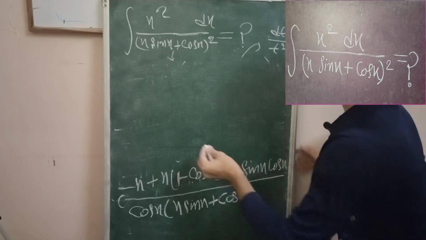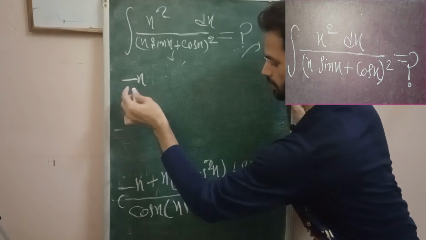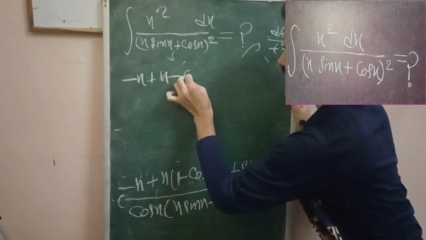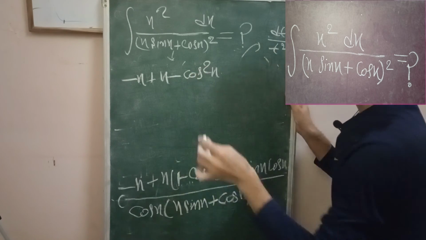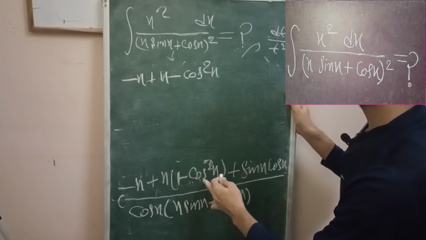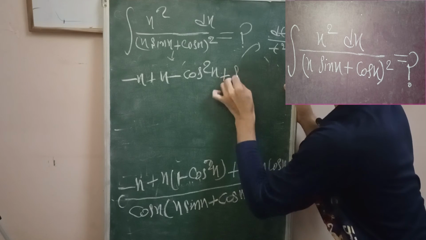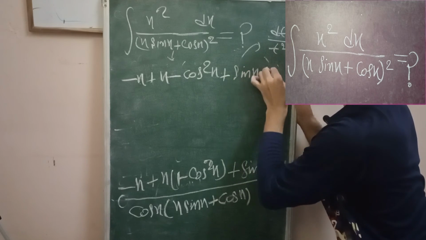So now this is minus x plus x, then minus x cos square x, then plus sin x cos x.